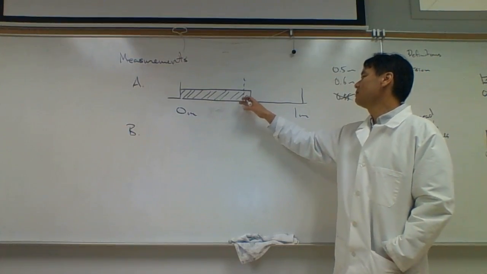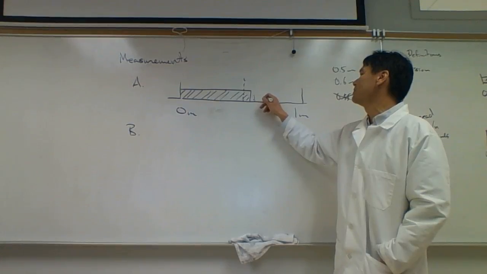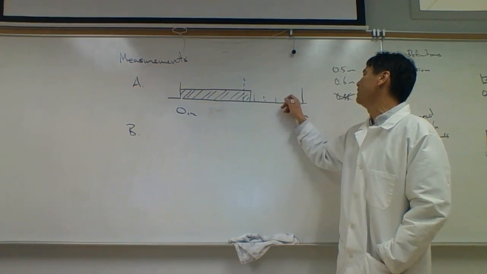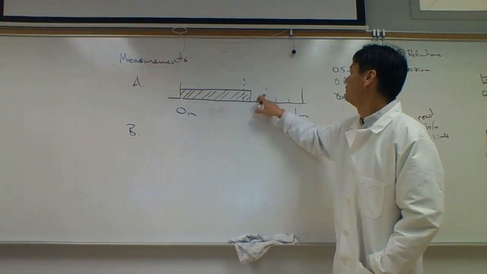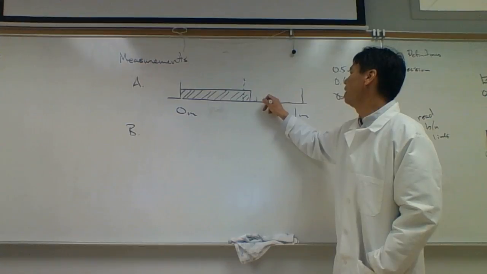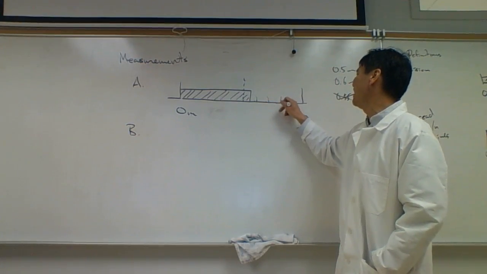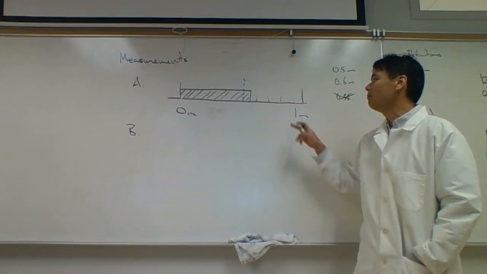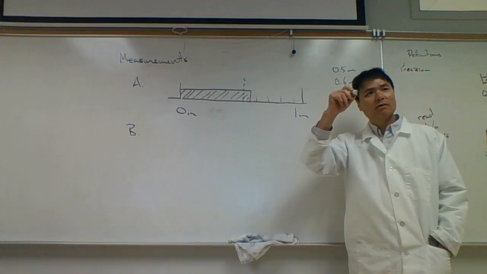If this is 0.5, then this would be 0.6, 0.7, 0.8, 0.9, maybe. Or let me do this, try to get it even. 0.6, 0.7, 0.8, 0.9. I do this in my head, I try to mentally write these, or I physically do it, to see.